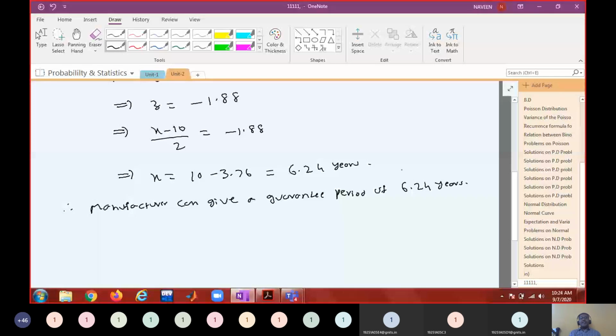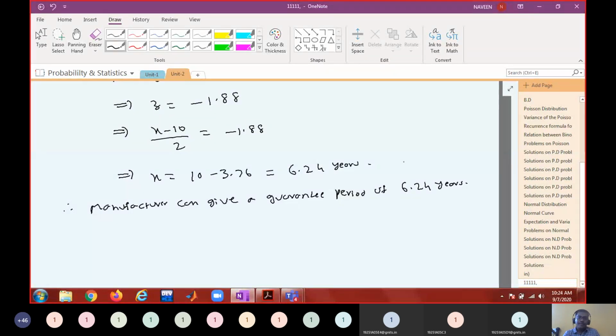When you change the percentage, instead of 3%, if you want to replace up to 5%, again the warranty period will increase. So the lesser the risk he wants to take, the lesser the guarantee period. The larger the risk he wants to take, the larger the guarantee period.